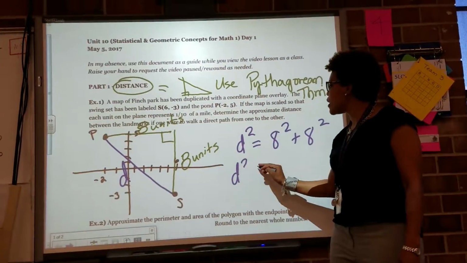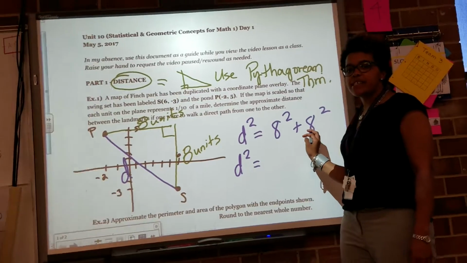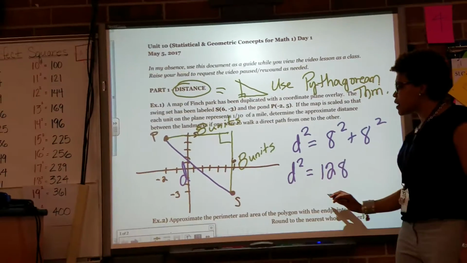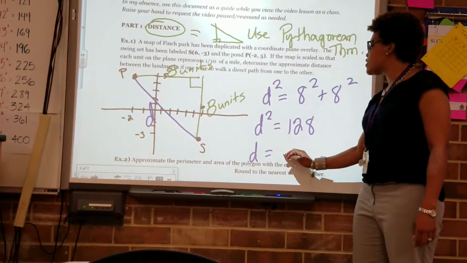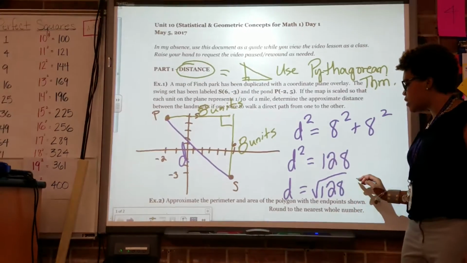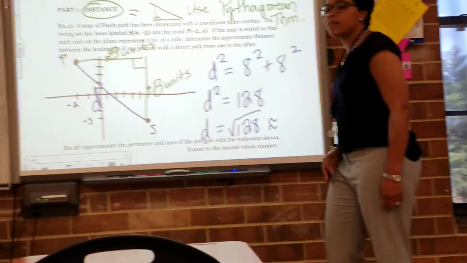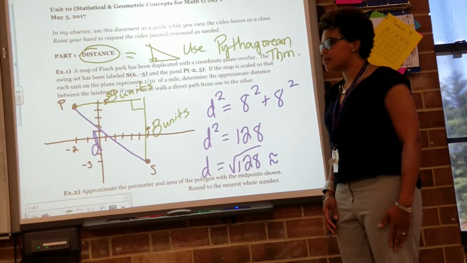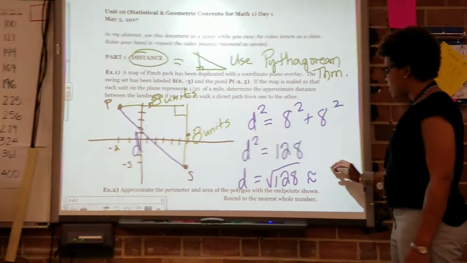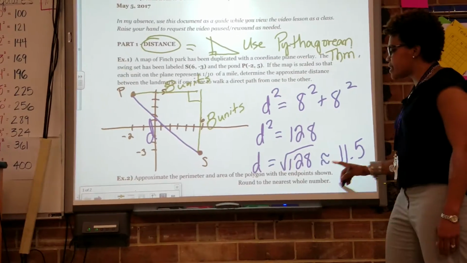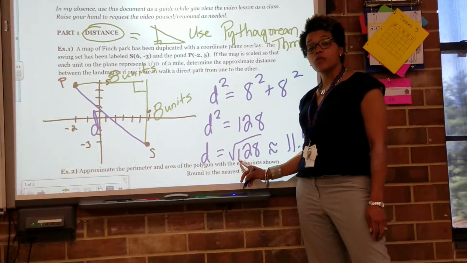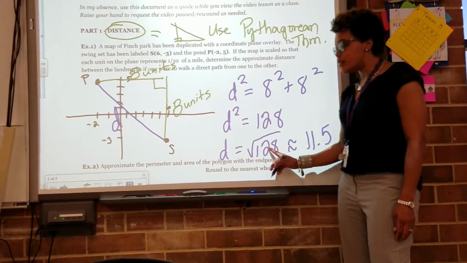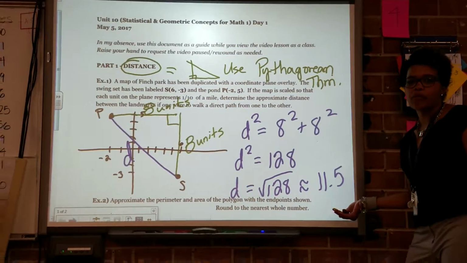This would be d squared is equal to 64 plus 64, which is 128. And so d is the square root of 128, which is approximately 11.5, because the square root of 128 sits between 11 squared, which is 121, and 12 squared, which is 144. So it's 11 and just about 0.5 if we round to the nearest tenth.